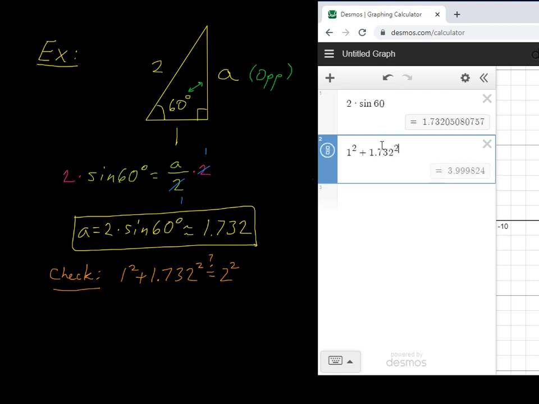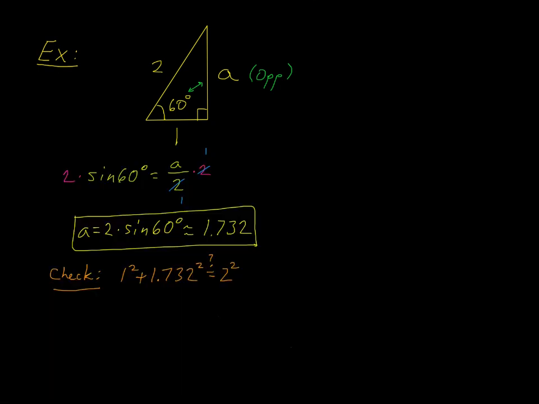1.732 squared. Notice I don't get exactly 4, which is what I have on the right side, 2 squared. I get 3.99984. So I'm going to go ahead and record that here.